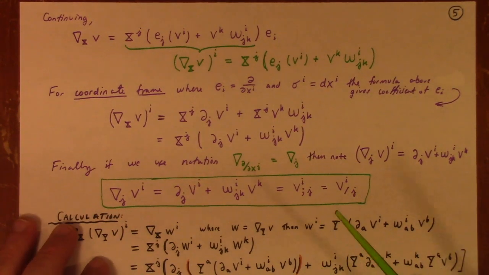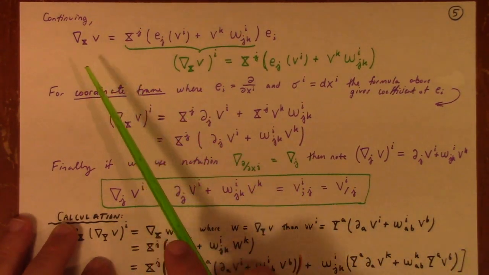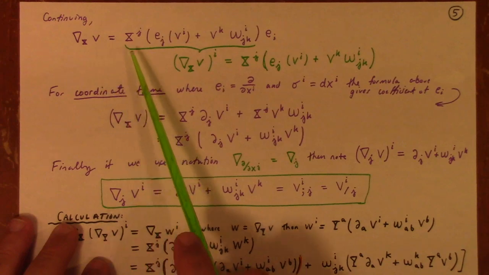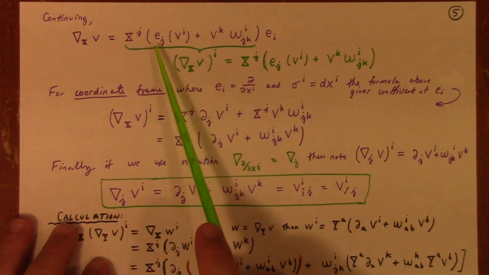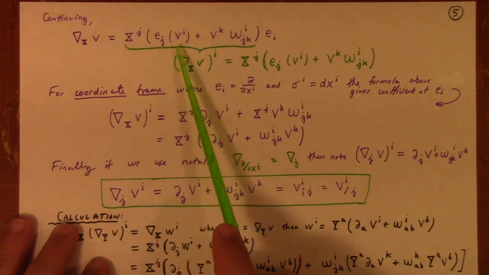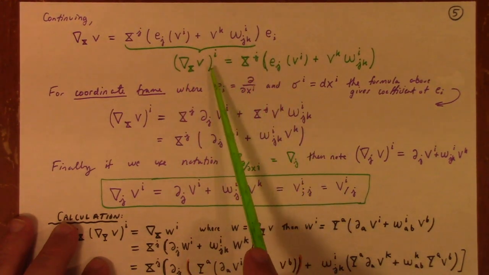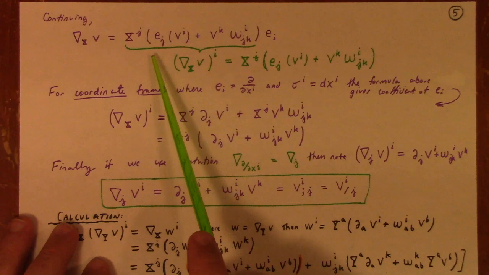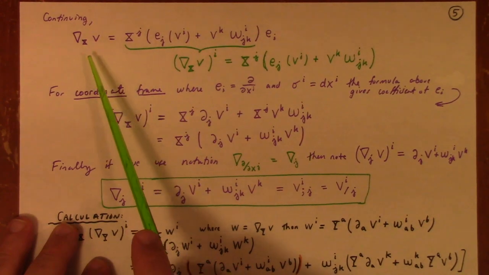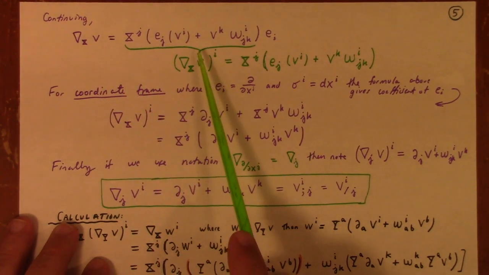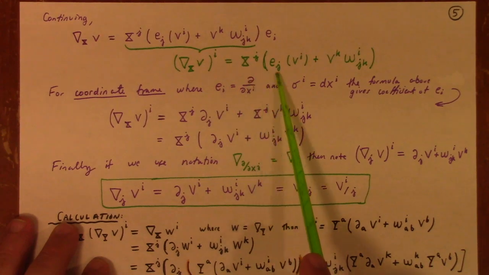And okay, so we got to this point. Actually, we got past this point, then I went back to this point here because this is really the formula I wanted. And basically, if you peel off the coefficient of e_i, that gives you the upper ith component of the covariant derivative of v with respect to x, like so, and then the formula for that is straight up this.